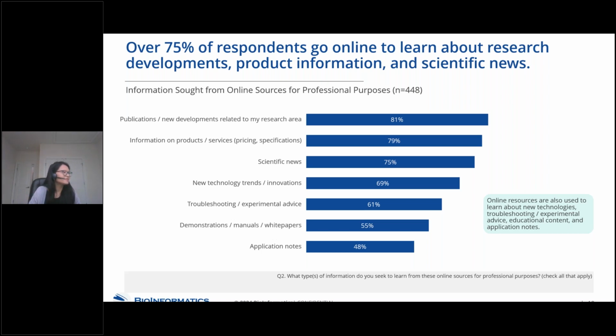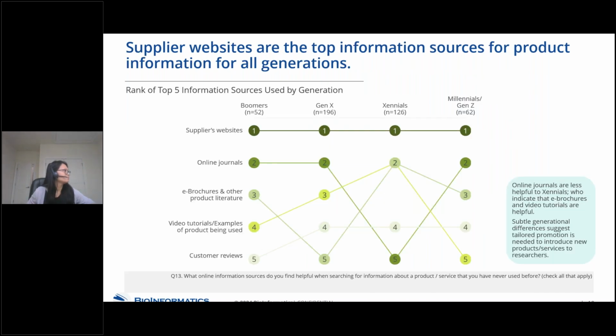So life science researchers indicate that they're really just looking for materials that are relevant to their research, their work. And so really tailoring that content is important to them, especially since they seek such technical content.